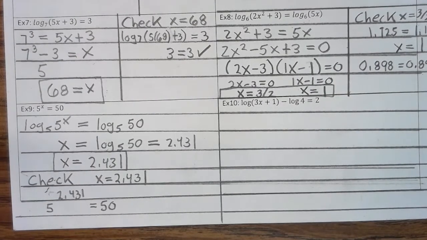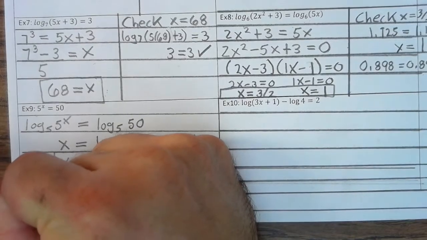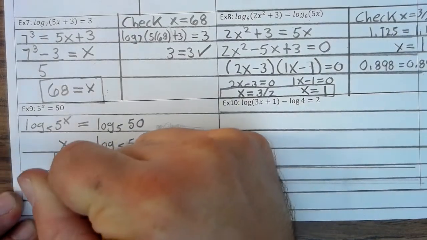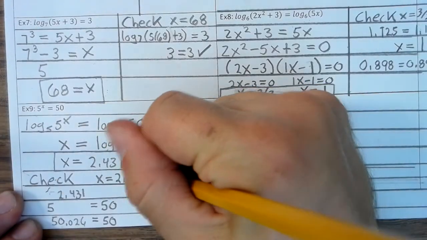Well, 5 raised to the 2.431 is 50.026. Since we know we rounded, it's close enough to 50 to say that this checks.